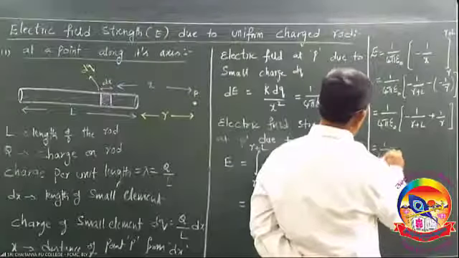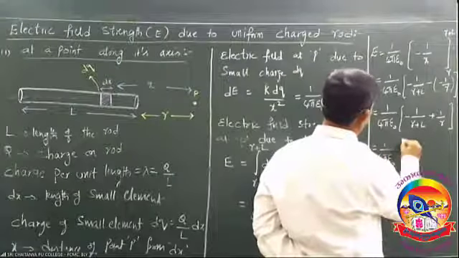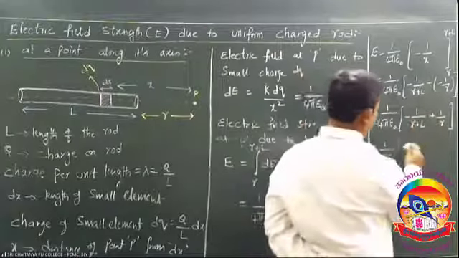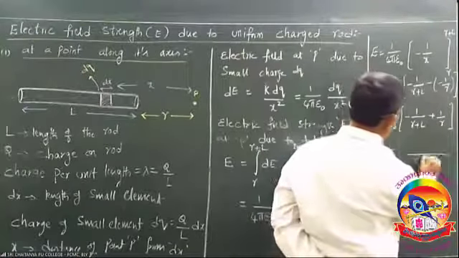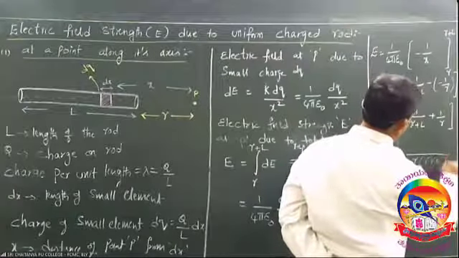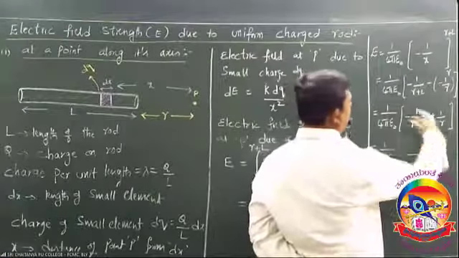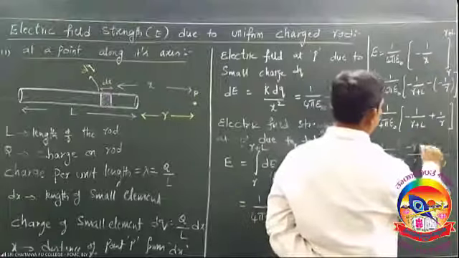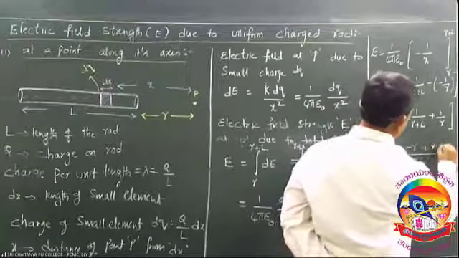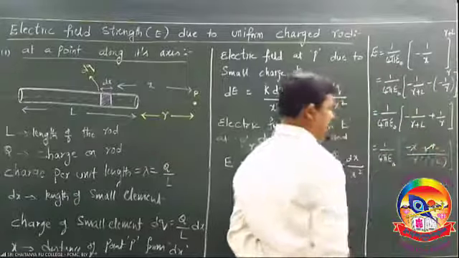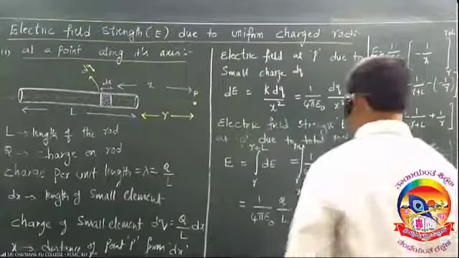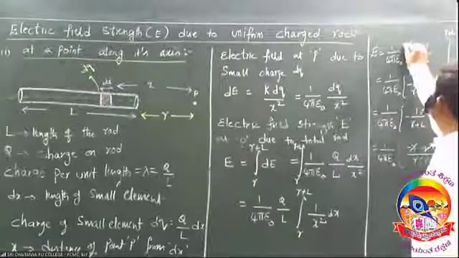Then 1 by 4 pi epsilon naught. See here, you can write R into R plus L and minus R plus R plus L. R gets cancelled. Something is missing here. What is missing?